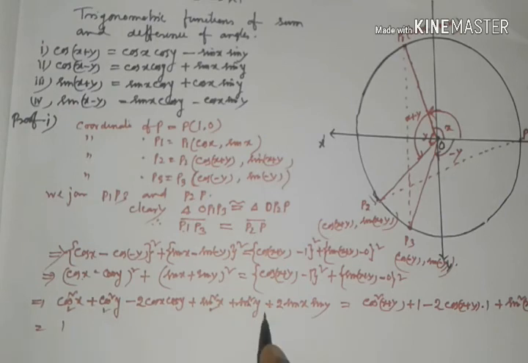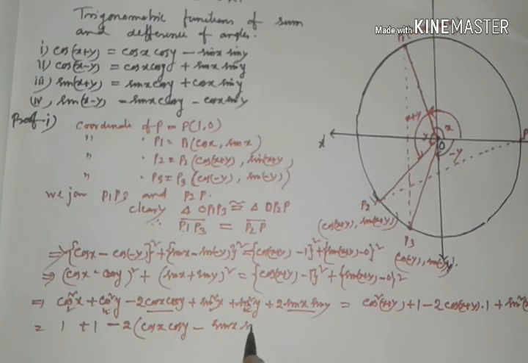Now we know cos square x plus sin square x is 1, cos square y plus sin square y is also 1. From this, if we take minus 2 as common, here cos x cos y, and minus 2 is common, therefore it is negative, sin x sin y.